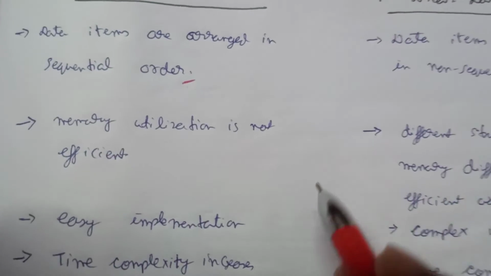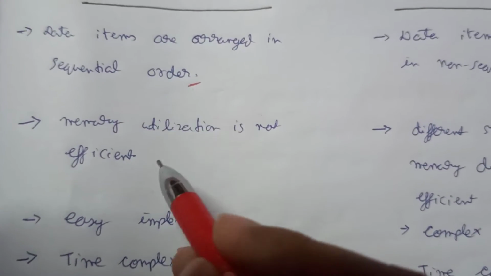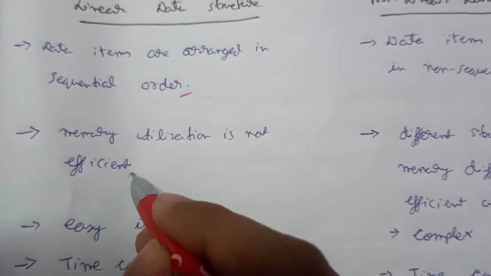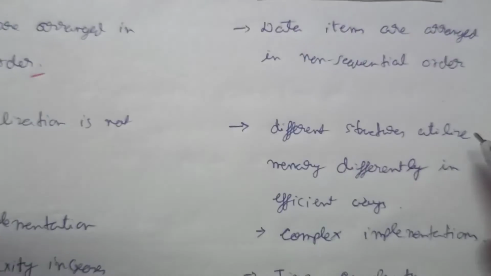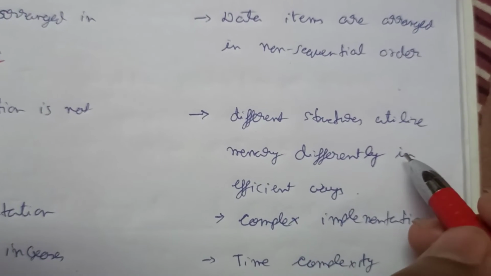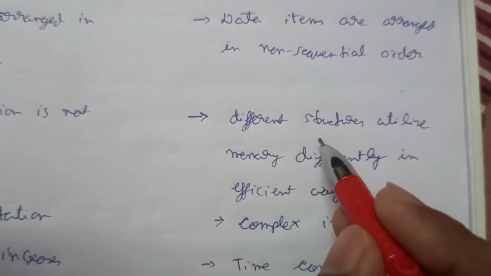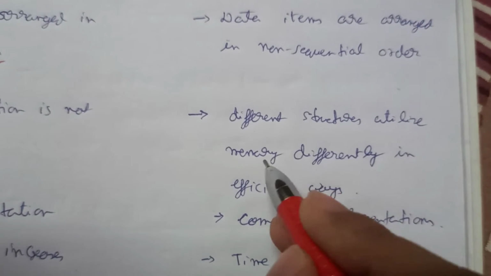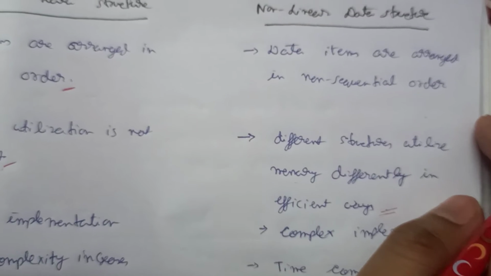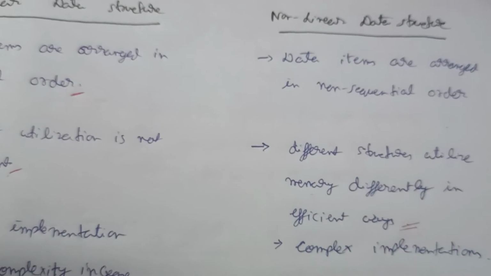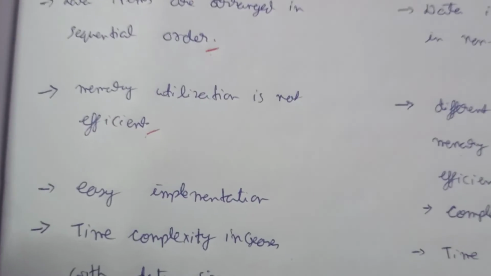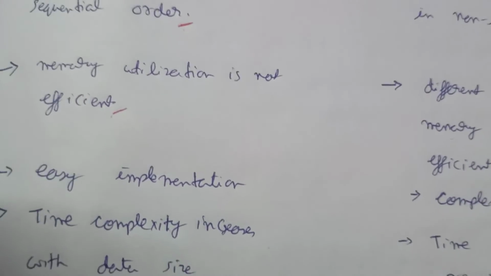There is also another thing: the memory utilization is not efficient for linear data structure, but for different non-linear data structures, different types of memory utilization are done. Different data structures utilize memory differently, in efficient ways. So for non-linear data structures the memory utilization is efficient, but that is not the case for linear data structure.